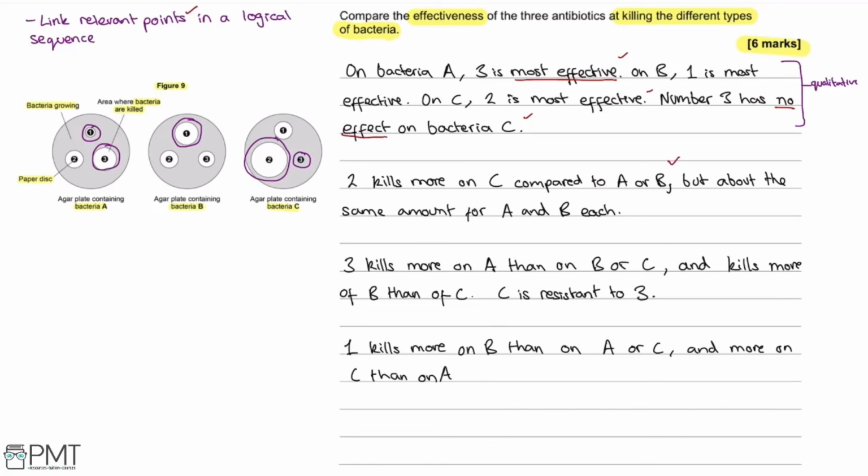So these comparative statements, like 2 kills more on C compared to A or B, these are quantitative because you're comparing the more or less values. So to get the full marks, you're talking about the qualitative effects and the most effective or the least effective, but then you're also talking about the quantitative comparisons.